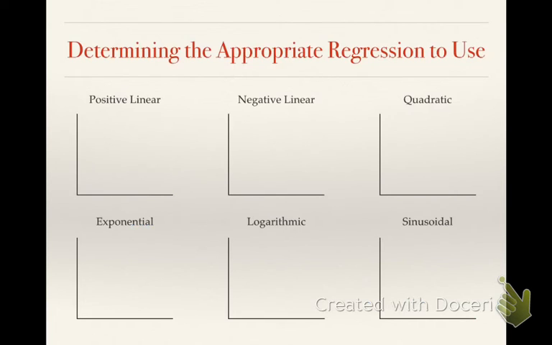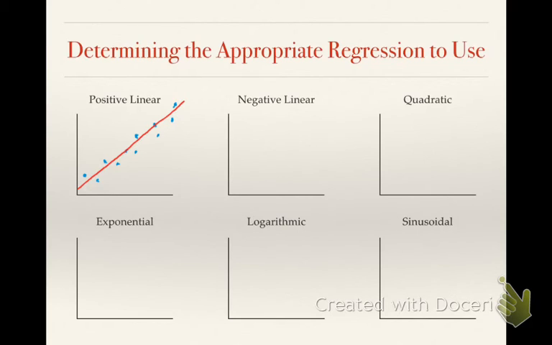Now let's move on to determining regression equations. I want to just draw a picture of each of the basic types of regressions to use before looking at some regression examples. A positive linear regression is going to be found when you see a scatter plot that looks kind of like this. Essentially, you have a line that best fits the data.